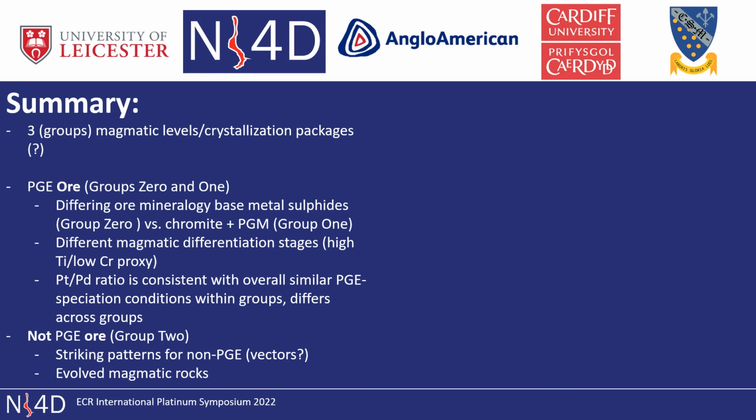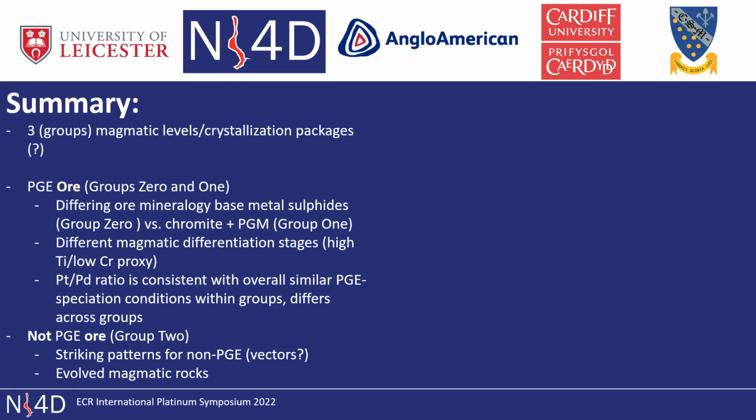So I'm trying to wrap up now. The 3 groups might represent, that's our current interpretation, 3 magmatic levels or crystallization packages within the sequence. So 2 groups are definitely reef. Group 0 and Group 1 have enough PGE content to be considered reef.